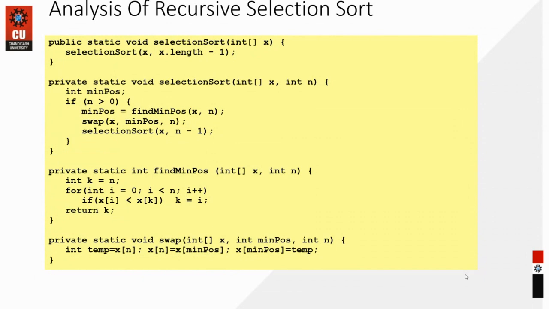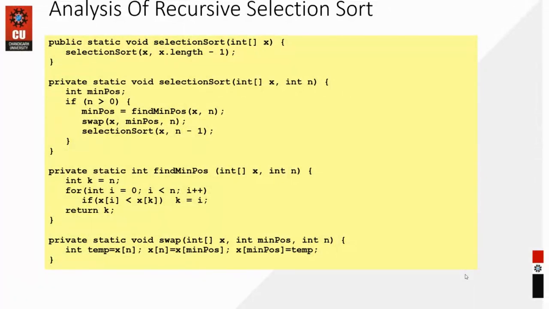In that C++ function, you need to find out the minimum element, and you need to do swapping also. So these are the things you need to understand.